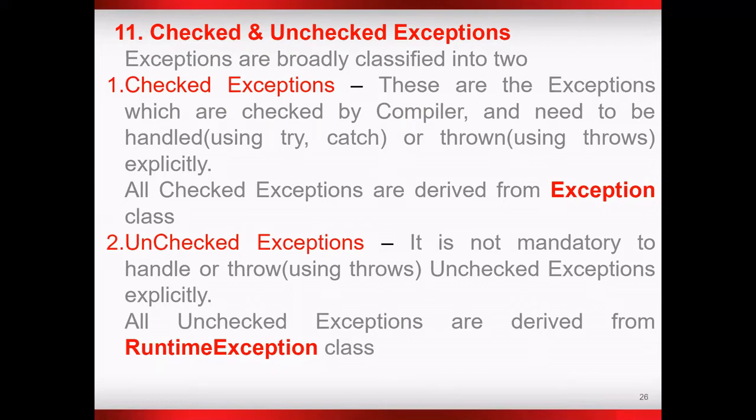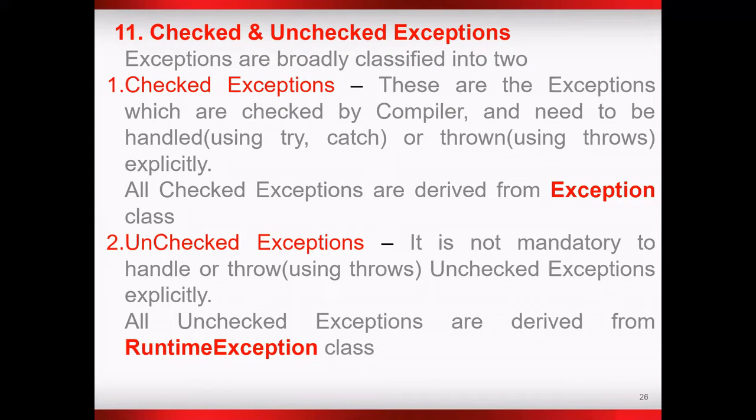In case of unchecked exceptions, it is not mandatory to handle them or use throws. So it is optional. If you want to handle it, you can handle it. If you want, you can use throws, but it's not mandatory to do that. So that is the difference between checked and unchecked exception.